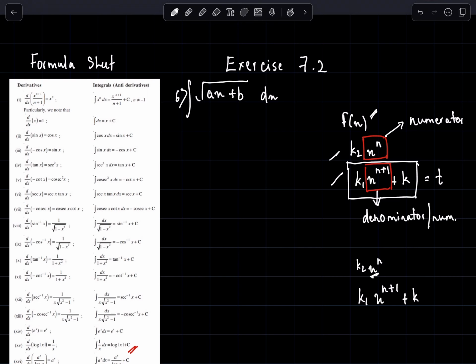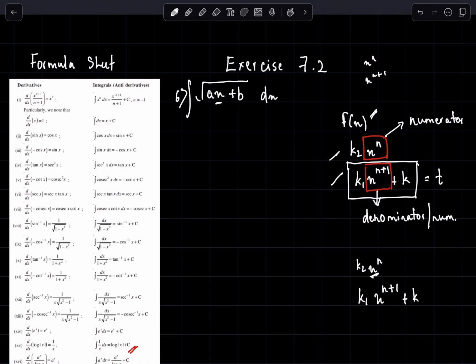Do you have x raised to the power n? Or do you see an x raised to the power n plus 1? Now, you might see ax plus b, and you might be thinking, what should I take this as? Should I take this as x to the power of n or x to the power n plus 1?